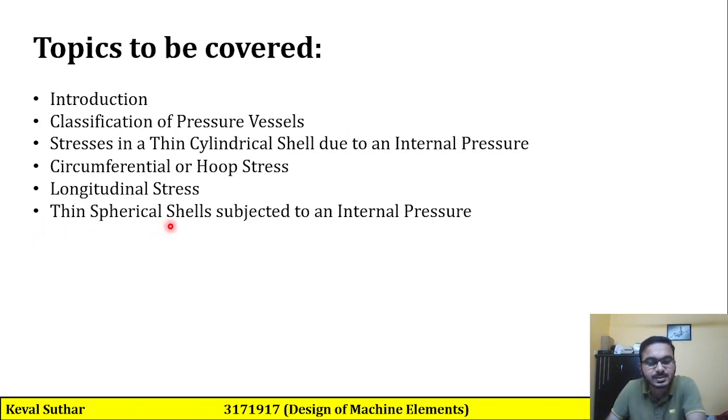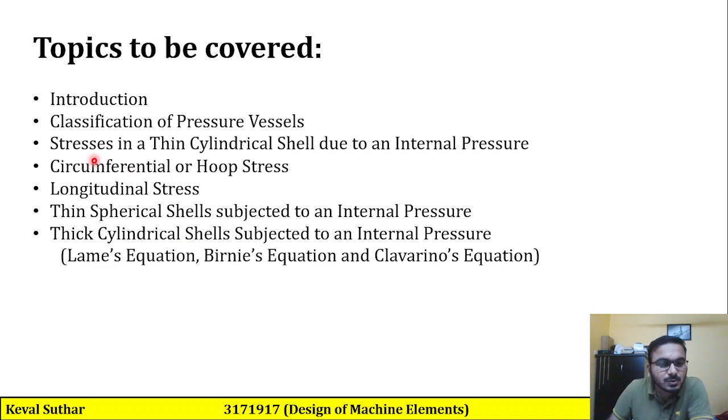So there is a difference between cylindrical and spherical shells. After discussing the thin shells, we will move to the thick cylindrical shells which are subjected to an internal pressure. For thick cylindrical shells, we will discuss three different kinds of equations: Lame's equation, Bernoulli's equation, and then Clapeyron's equation.